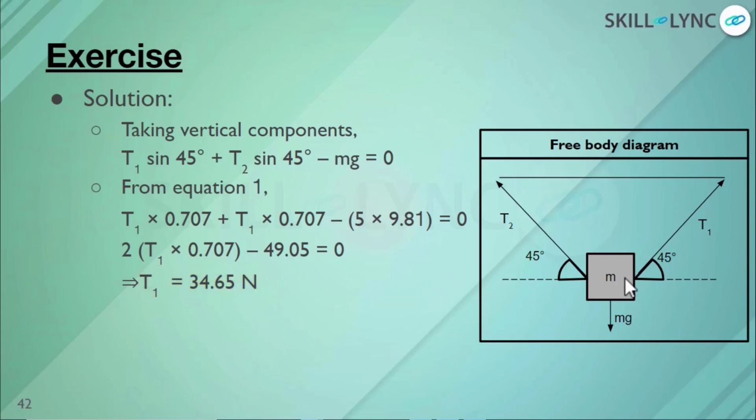So the tension applied on string 1 is 34.65 newton. As we have seen from equation 1, T1 is equal to T2, so string 2 would also be facing a tension of 34.65 newton.